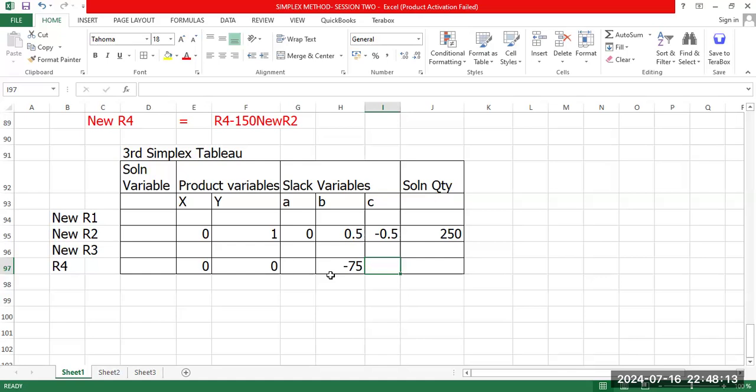Negative 175. Then the last one? Negative 287,500.